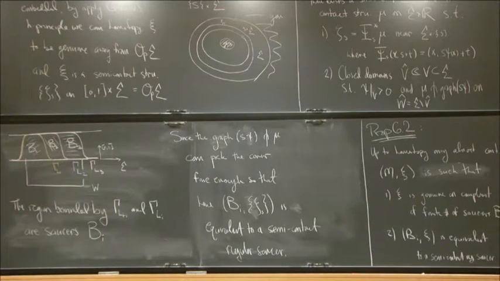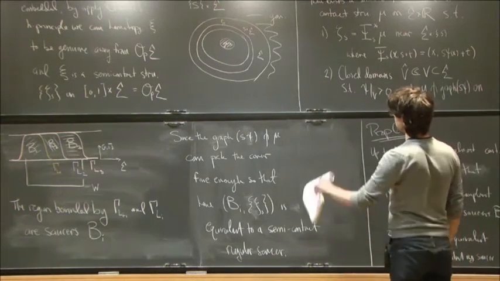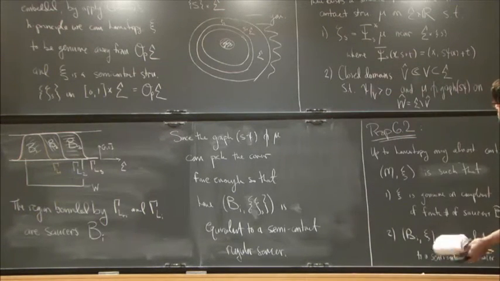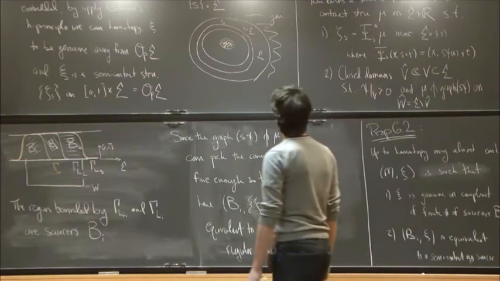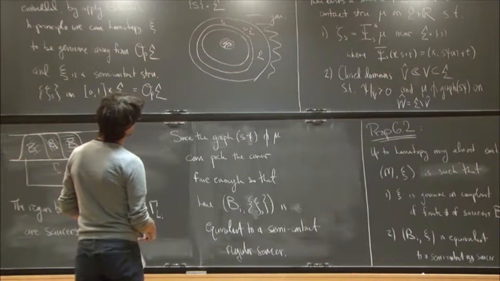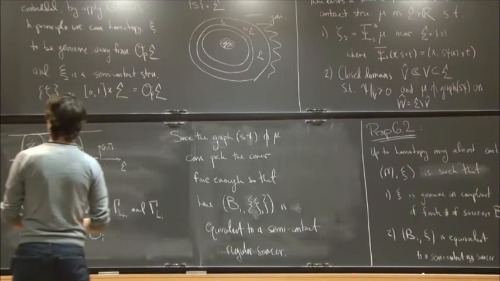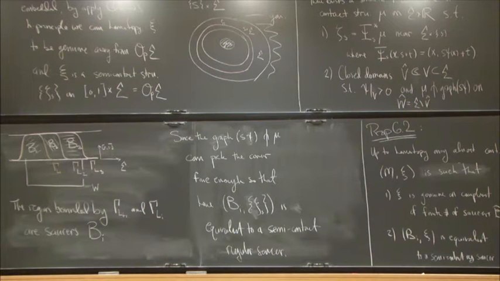So this is the sketch of how you prove this. You first reduce it to the case of some neighborhood around a sphere, and then you look at this semi-contact structure on a neighborhood of the sphere, and you partition where the semi-contact structure fails to be contact by these bump functions.